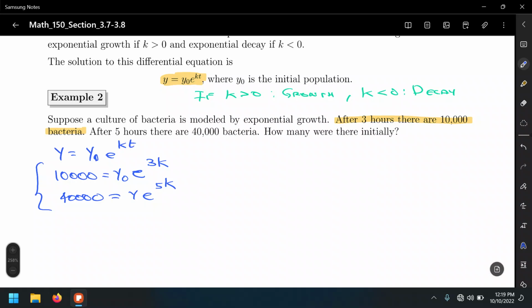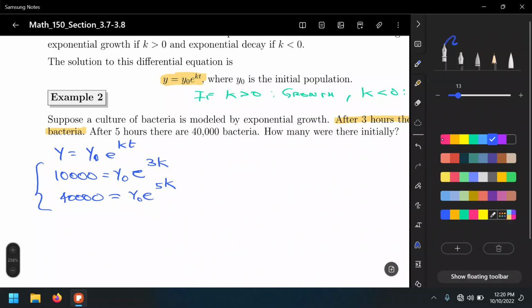There are a couple of ways to go about this. I could solve for the exponential on one side and then substitute it into the other equation. But a good technique to solve this kind of system, which is usually weird to solve, is to divide the equations.